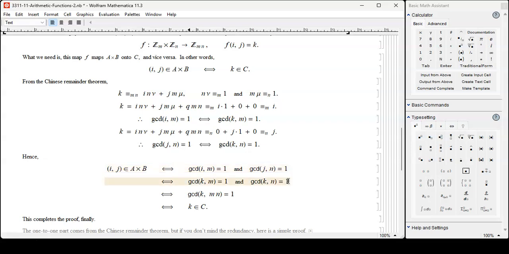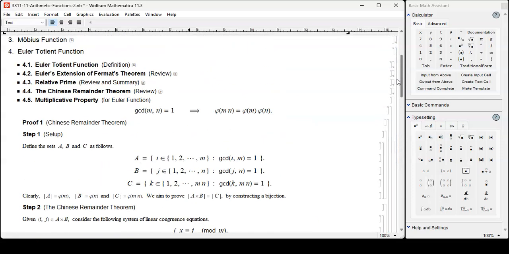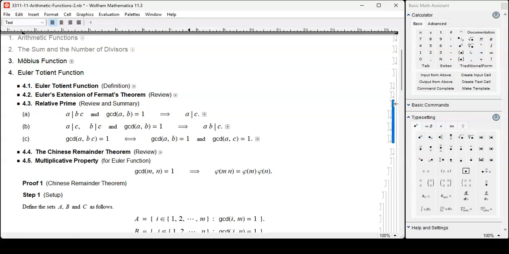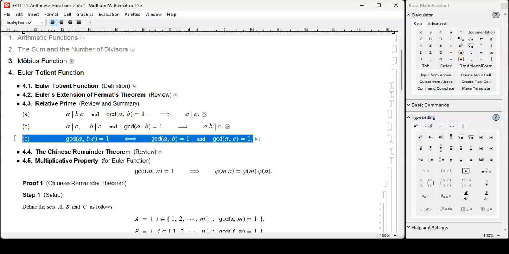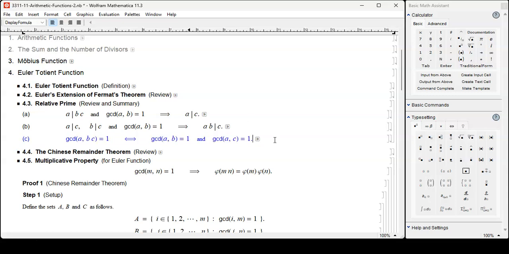The next line came from the Chinese remainder theorem. Now, putting these two together, we can conclude GCD of k, m times n is 1, and that came from this one here, which I highlighted before and spent a bit more time on in the previous video, remember?